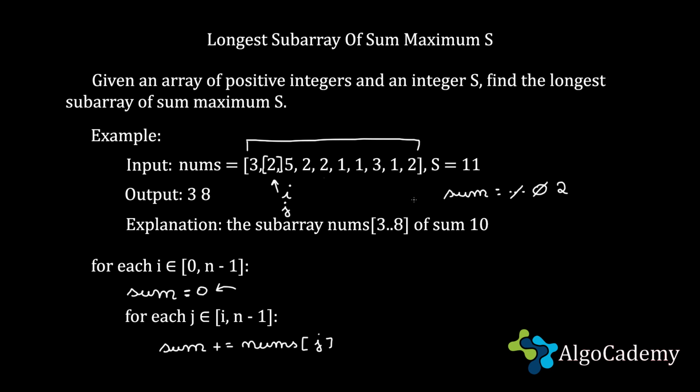So as you've seen, j is now 1, sum is 2. On the next iteration, j will be here, right, on index 2, and the sum will get increased by nums of j, which is 5. So the sum is 7, and so on and so forth. And then again, we move with i on the next one, starting again with sum equals 0 and increasing, and so on and so forth.